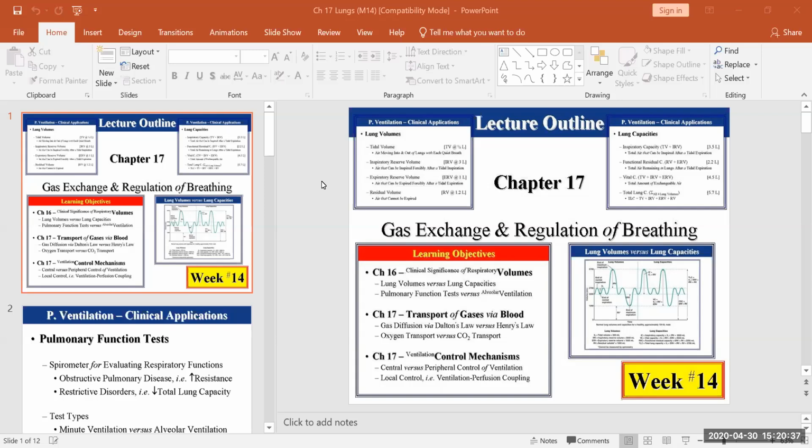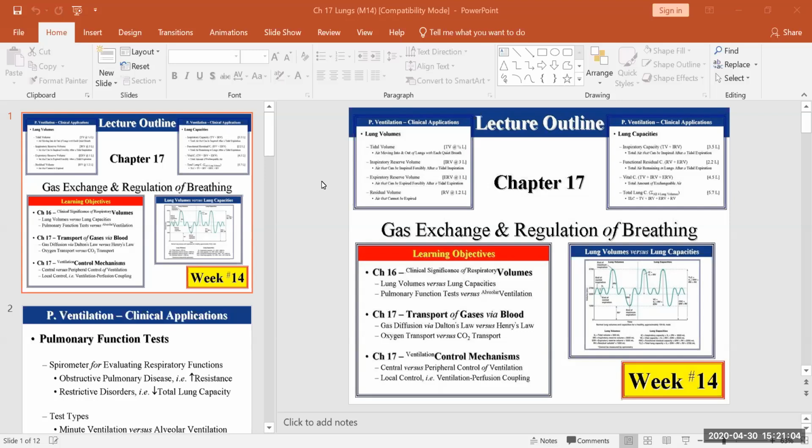So with that said, what is a lung volume? You can find lung volumes and lung capacities in your book, the Stanfield official textbook, on page 467. On top of page 467, you'll see lung volumes and lung capacities.